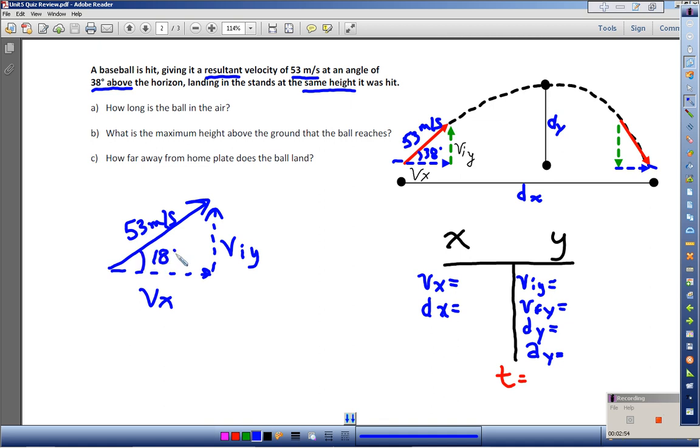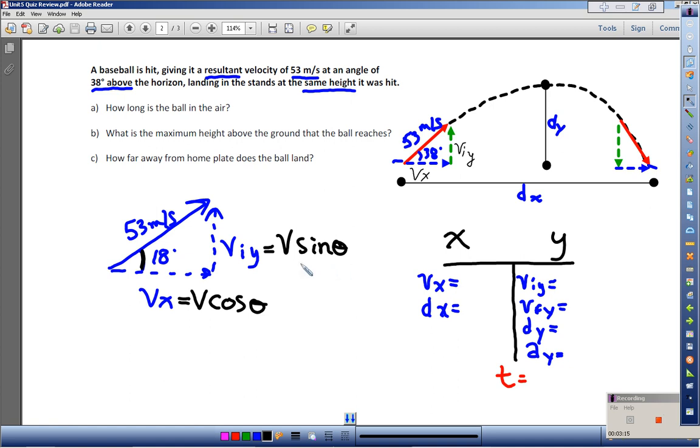And of course, we have an angle of 38 degrees. So to solve for these components, if you look on the back of your reference table, it says that the horizontal component, when the angle is between the horizontal and the resultant, the x component is the resultant times the cosine of the angle between them, and the initial vertical component will be the resultant times the sine of the angle between them.